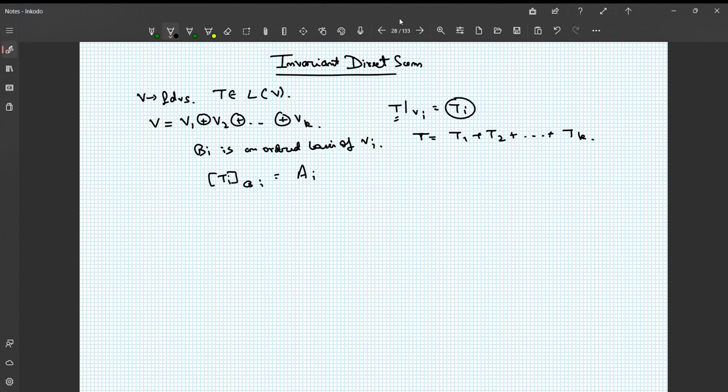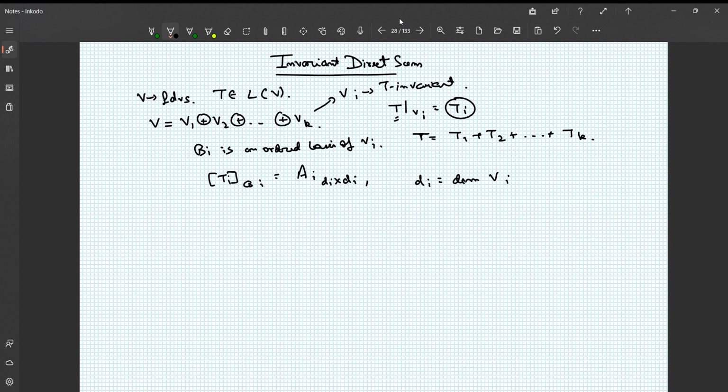And what should be the dimension of this Ai? The dimension of Ai is di cross di, where di is the dimension of the subspace Vi. One thing I should have mentioned here is that each of these Vi's is T invariant. That's why the term invariant direct sum, right? So we had these to be T invariant.